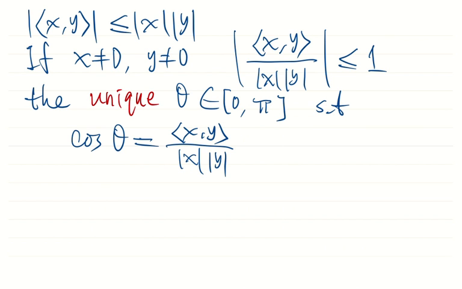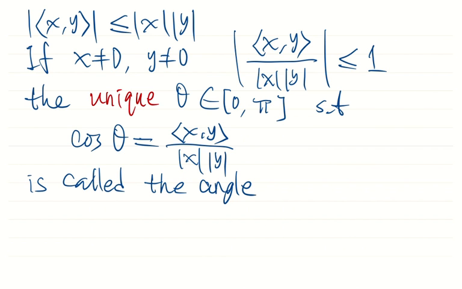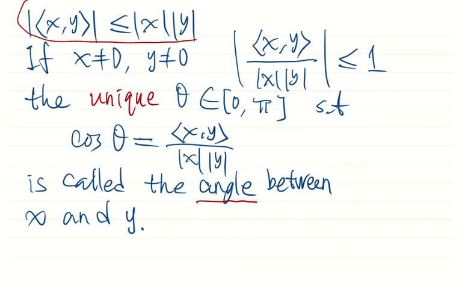This theta is called the angle between x and y. So we define the angle using the scalar product. We can do this because we have the Cauchy Schwarz inequality. Okay.